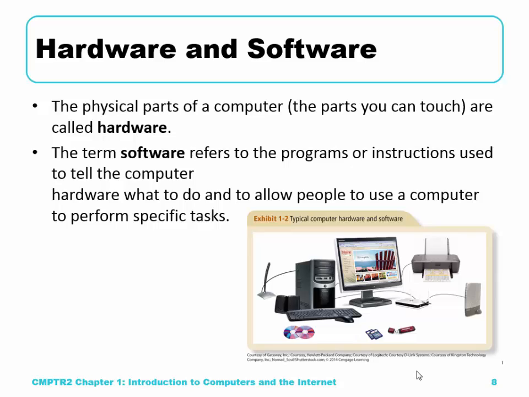Your operating system is Windows 7, Mac OS X, Linux. That is your overall software that helps the computer to run. And then you have your application software, which is your Adobe Suite, your Microsoft Office, Adobe Reader, that kind of thing.